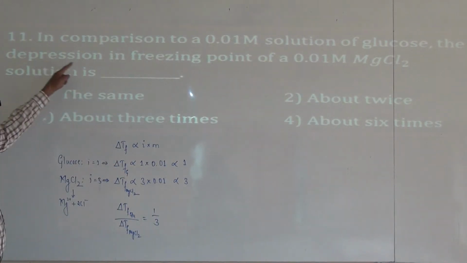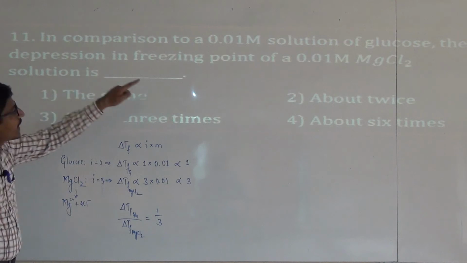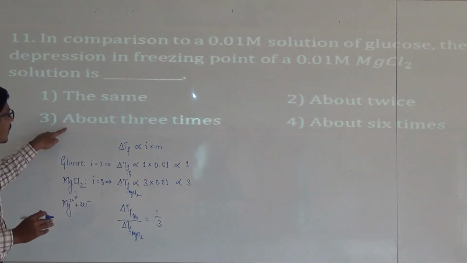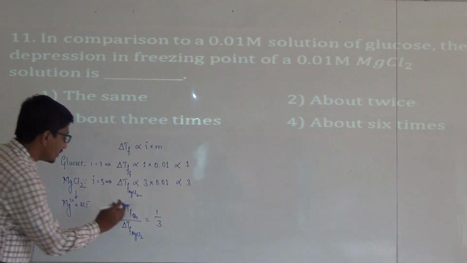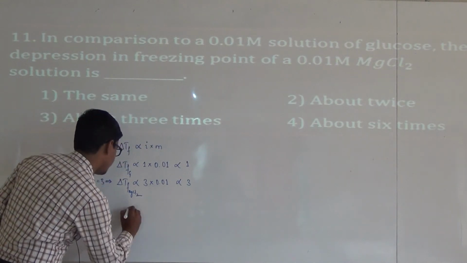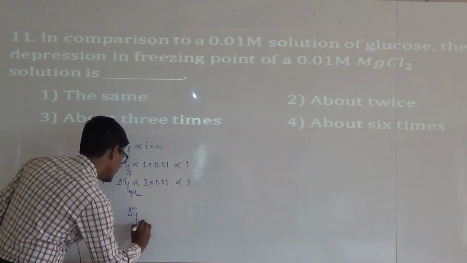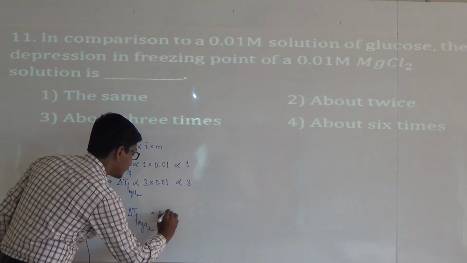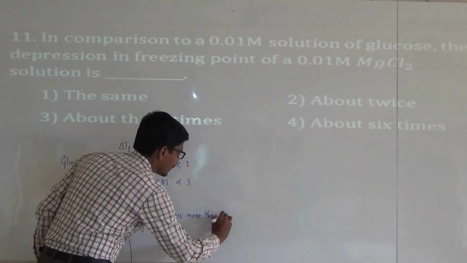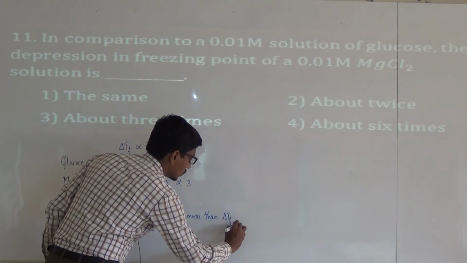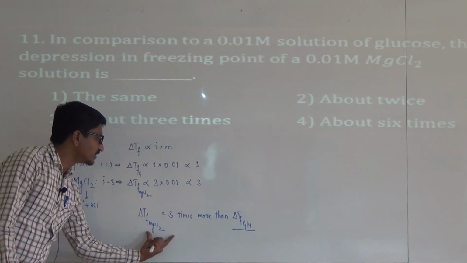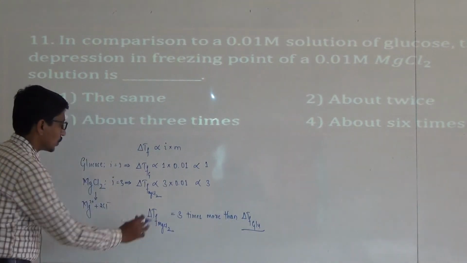In comparison, the depression in freezing point of MgCl2 is about 3 times more than that of glucose, because the number of solute particles in MgCl2 is 3.